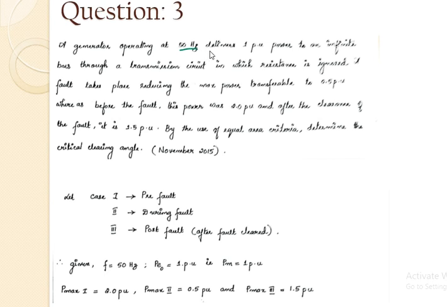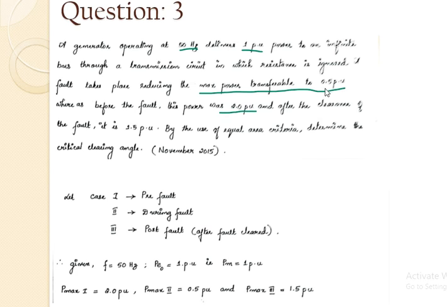A generator operating at 50 Hz delivers 1 per unit power, so electrical power generated is 1 per unit, to an infinite bus through a transmission circuit in which resistance is ignored. If a fault takes place, reducing the maximum power transferable to 0.5 per unit, that means P maximum is equal to 0.5 per unit, whereas before the fault this power was 2 per unit.